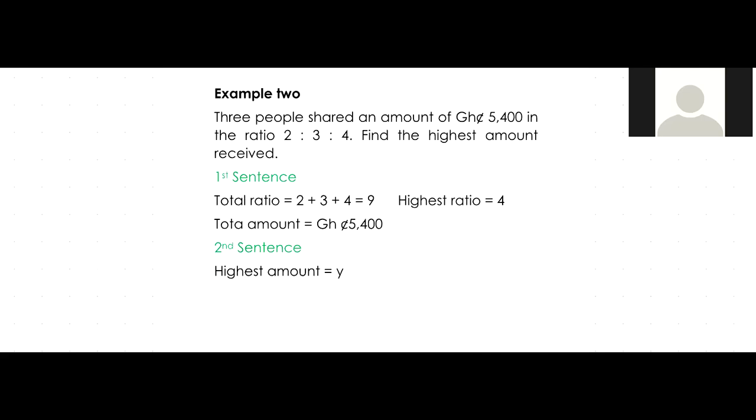And from the very first sentence, we can find out that the highest ratio there was 4. And also the total amount is 5,400. In our second sentence, we are to find the highest amount, which we don't know. So we will now represent it by Y.